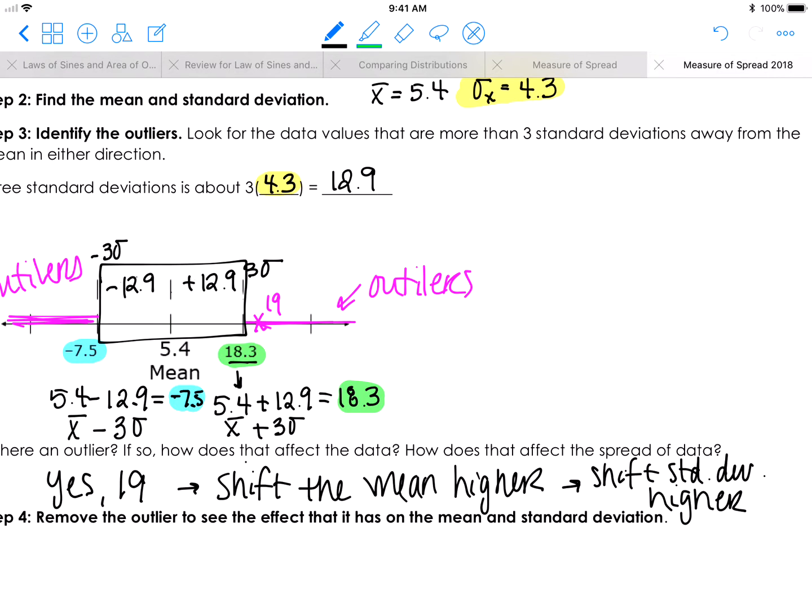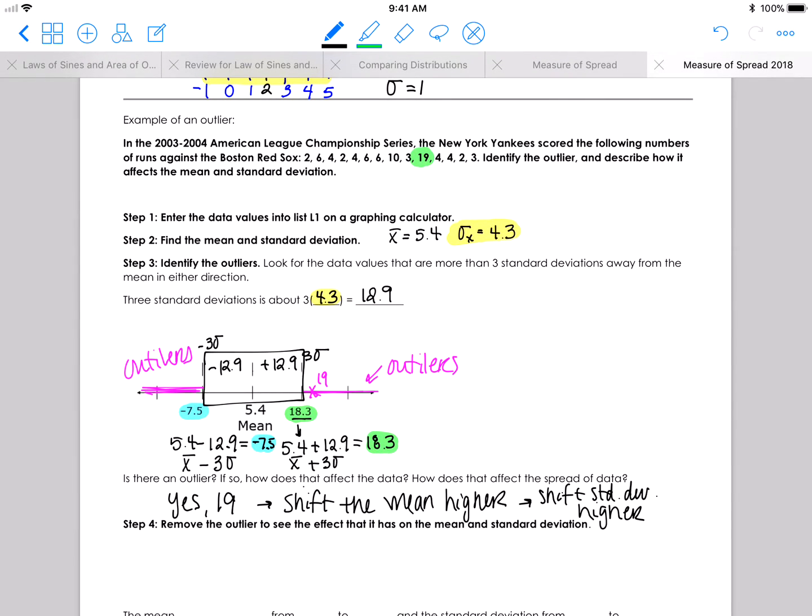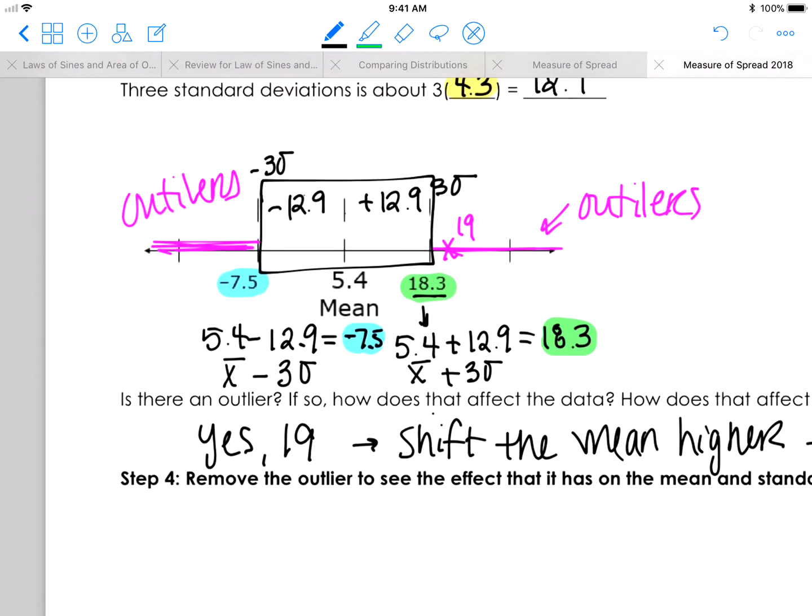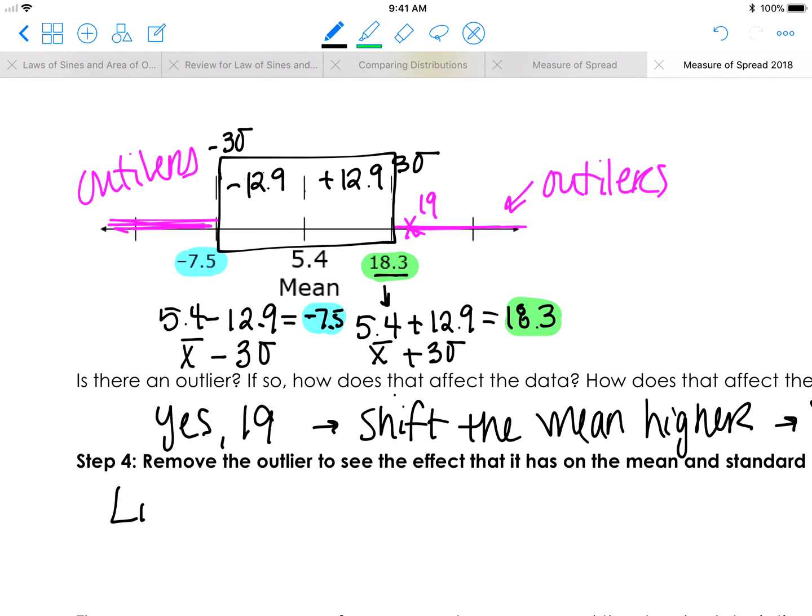Okay, so now it says remove. Let's test it and see if it actually does what we think it should. Does it make the mean higher? Does it make it lower? Does it shift the standard deviation? So this time, go back to your L1 and remove 19.